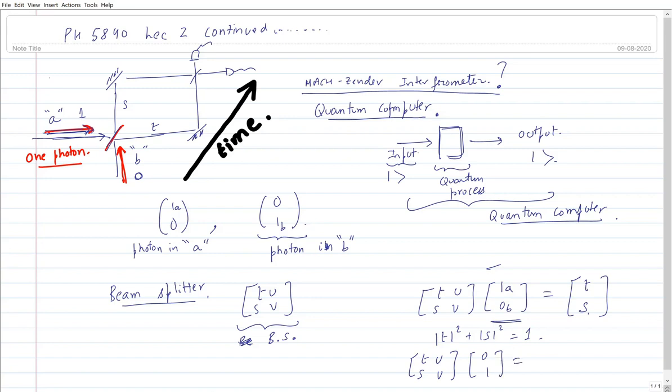And that's going to give me U and V. Okay, so that's what is demanded by unitarity.